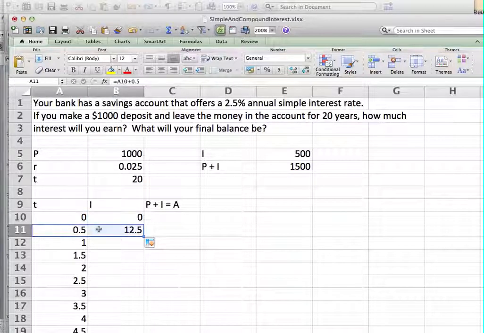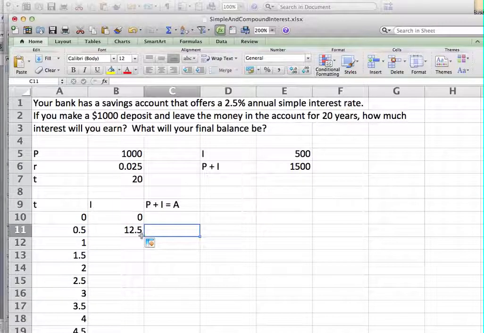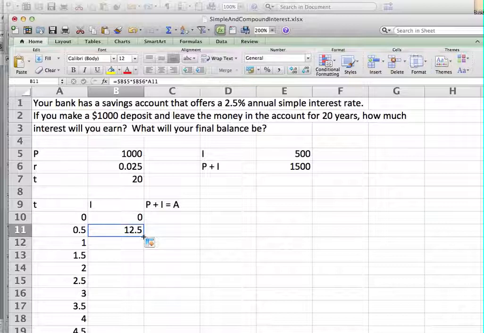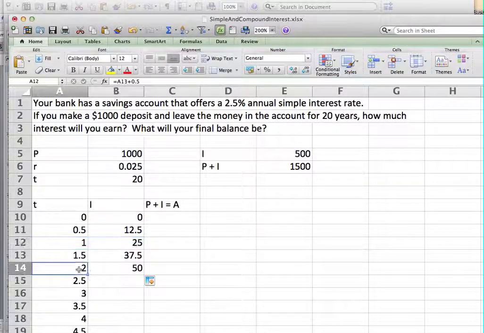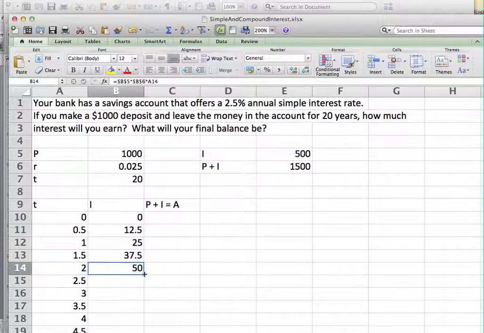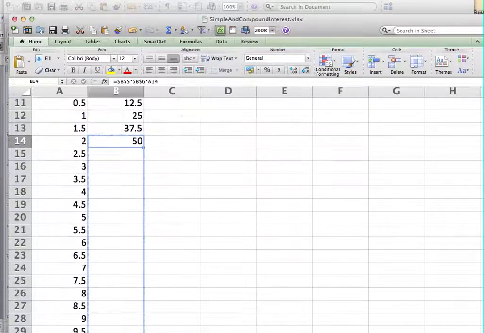If I have the money in there for half a year, I get $12.50 of interest. For a full year, it's $25, etc. You can see the proportionality coming out. If the time gets doubled from 1 to 2, the interest gets doubled from 25 to 50. Let's keep going on down here.